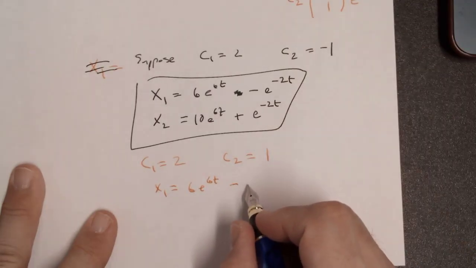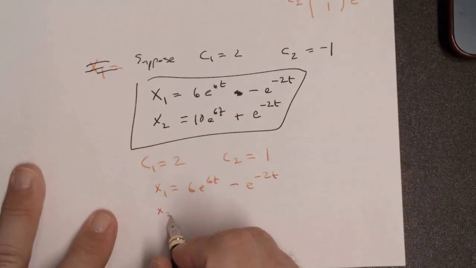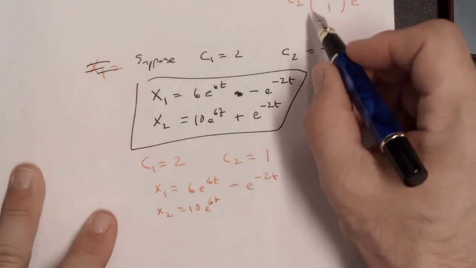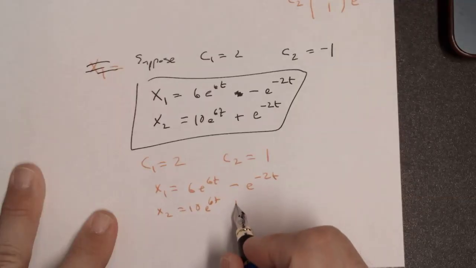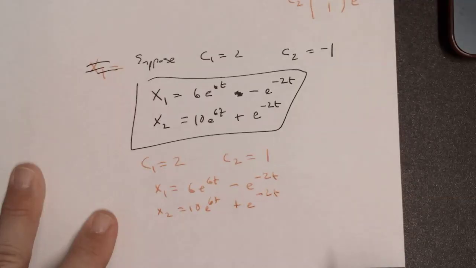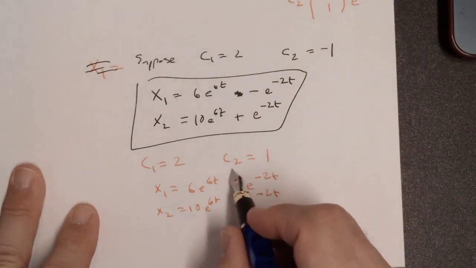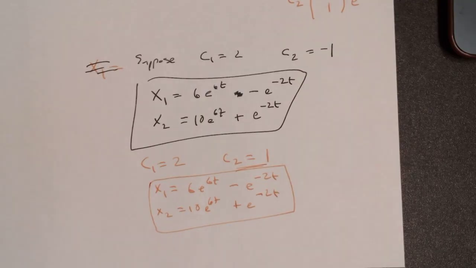Okay, so that's minus e to the minus 2t, isn't it? And down here, I'm going to get 10 e to the 6t plus 1 e to the minus 2t. So while this part changed, that changed the value here. Those are the same.